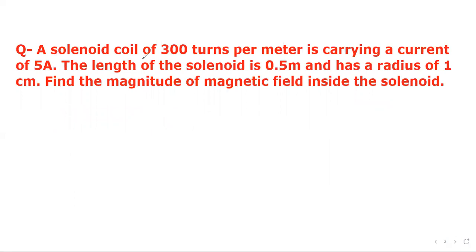Question number 1. A solenoid coil of 300 turns per meter is carrying a current of 5 ampere. The length of the solenoid is 0.5 meter and it has a radius of 1 centimeter. Find the magnitude of the magnetic field inside the solenoid. So we can write the information. We are given N equal to 300 turns per meter, and I is given as 5 ampere.